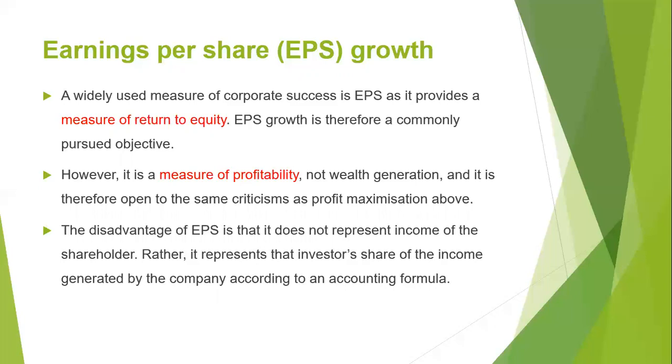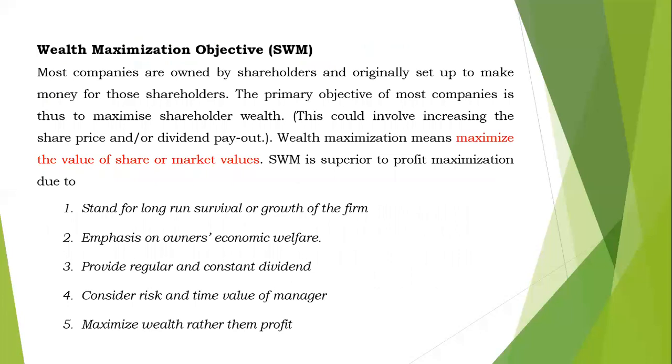So these two we can call the traditional objectives of an organization. In earlier times, firms first started with profit maximization, then started with EPS, earning per share. Okay. The next stage, the modern objective, is called the wealth maximization objective.